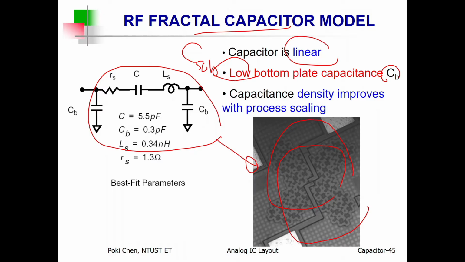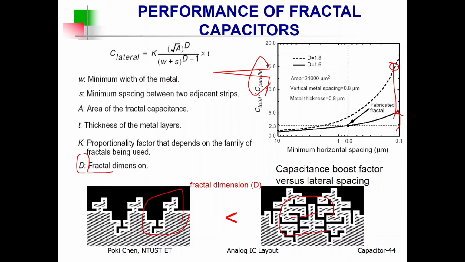And also the density can be improved with process scaling, right? With a better process, you can reduce the spacing even further. Then you can see more and more enhancement in the capacitance per area you can achieve. That is a good idea.